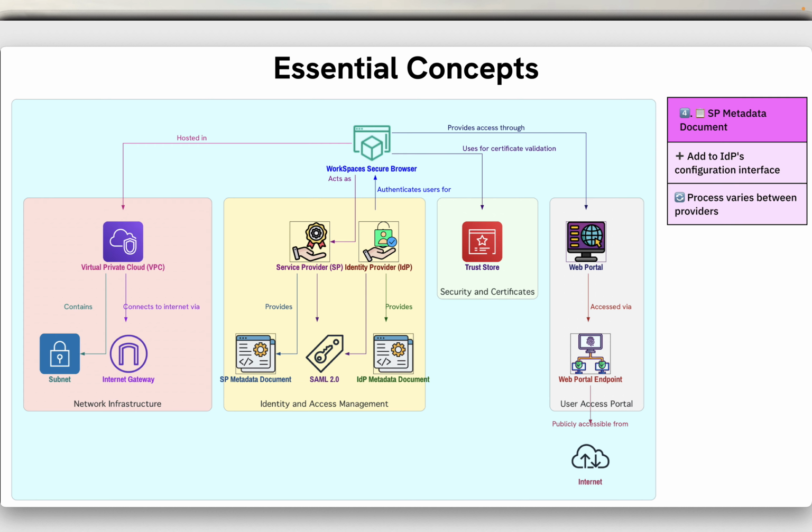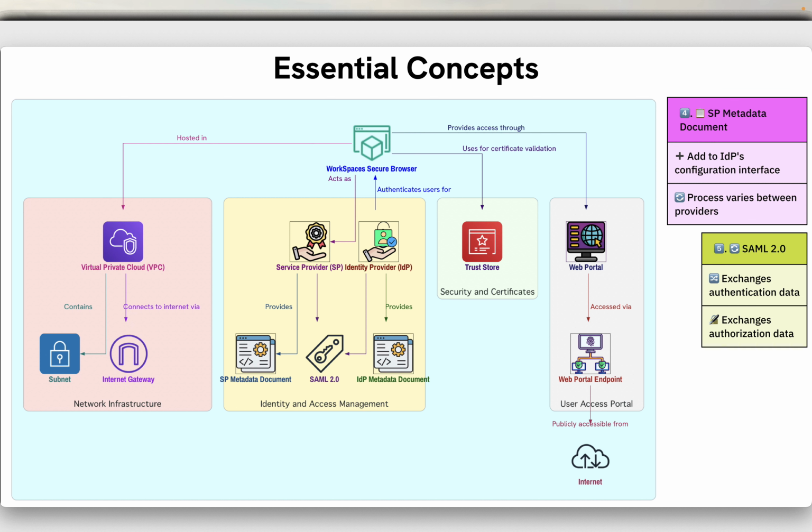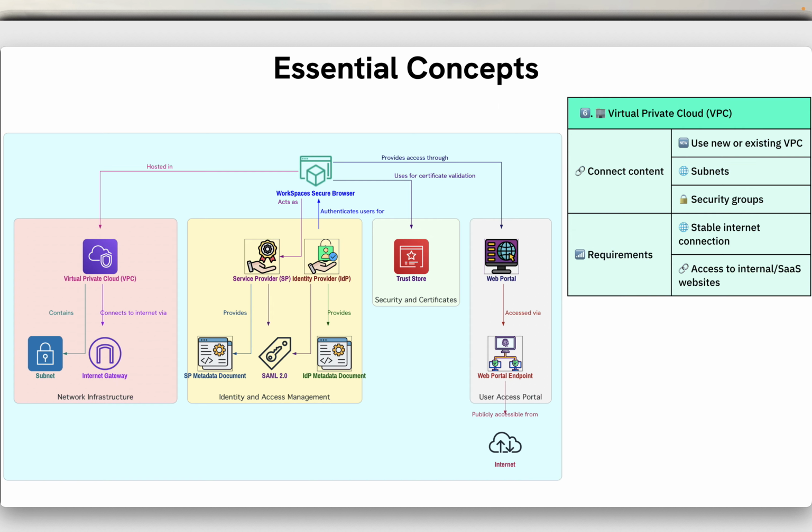Next is service provider metadata document. You add service provider metadata details to your IDP's configuration interface, and this process varies between the providers. Then you have SAML 2.0, which is a standard for exchanging authentication and authorization data between IDP and SP.